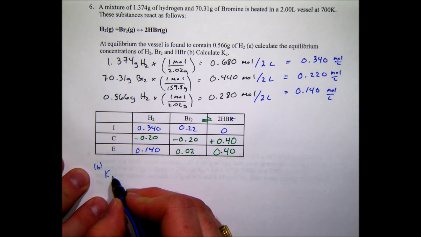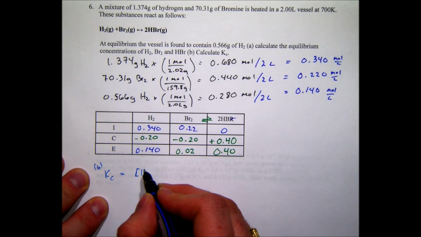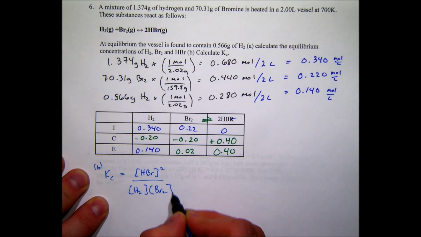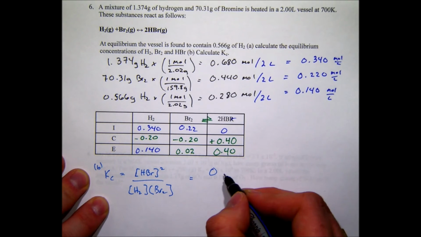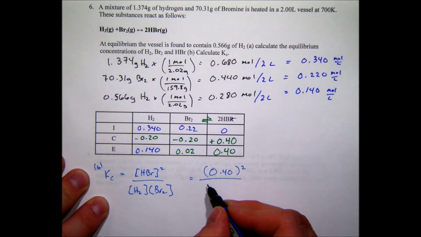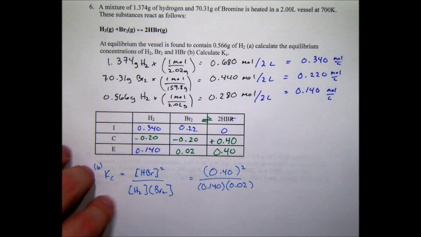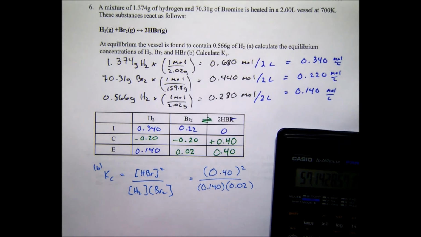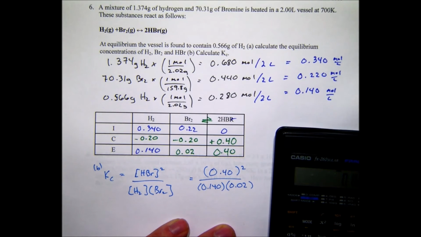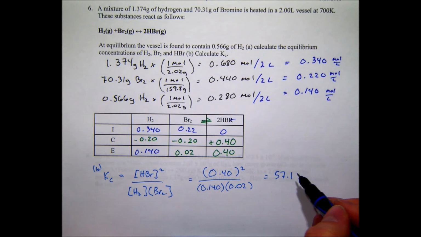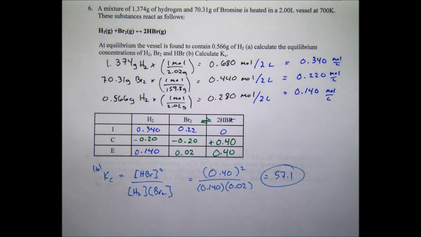So for part B, Kc is equal to the concentration of HBr squared, and we plug those in. 0.4 squared divided by 0.14, and I get 57.1. And there's our answer. That's our equilibrium constant.